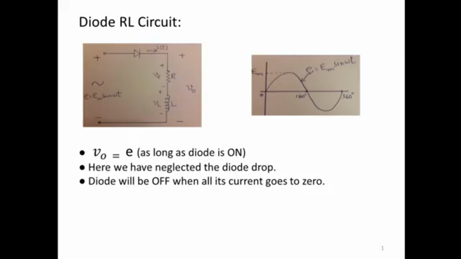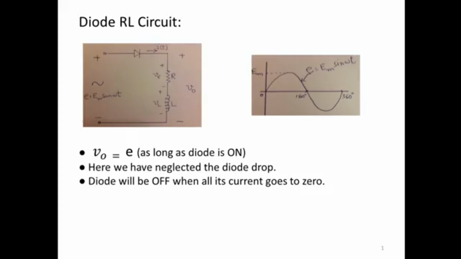So from now on, in all the circuits, we will consider the conducting devices as ideal with no voltage drop. That is why in this circuit we will also neglect the diode drop.